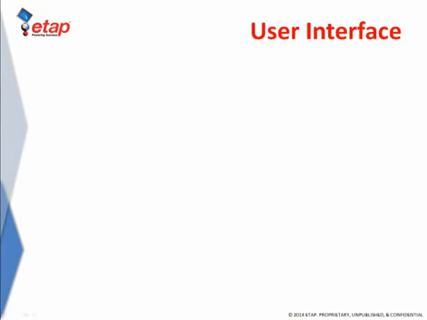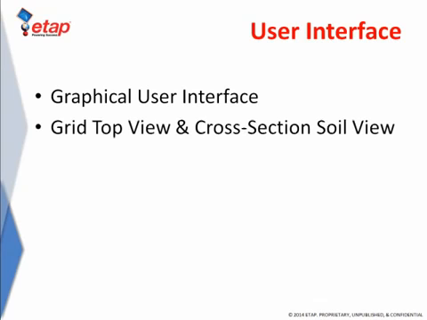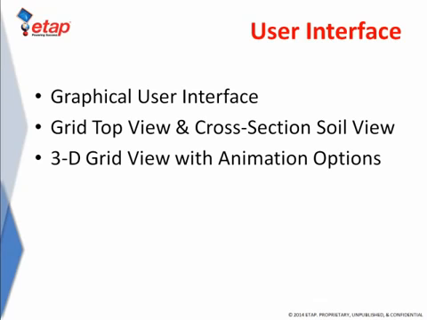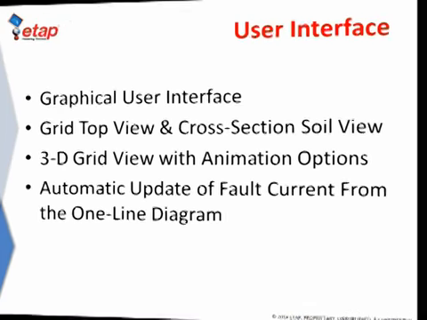For a convenient modeling, ETAP provides the flexible graphical user interface with three simultaneous views of your ground grid: the top view, the cross-section soil view, and the 3D grid view with animation options. Furthermore, the integration of the ground grid system into the ETAP one-line diagram allows for automatic update of the fault currents based on the short-circuit studies.